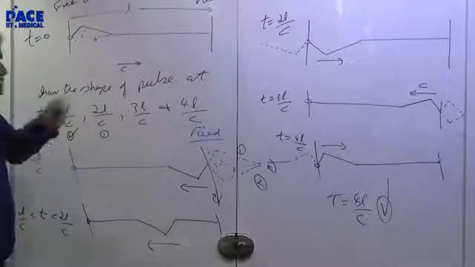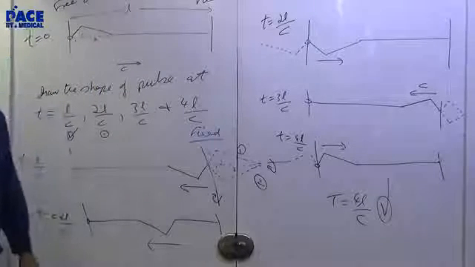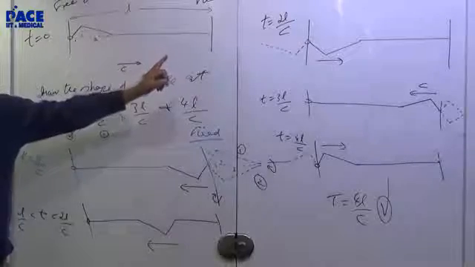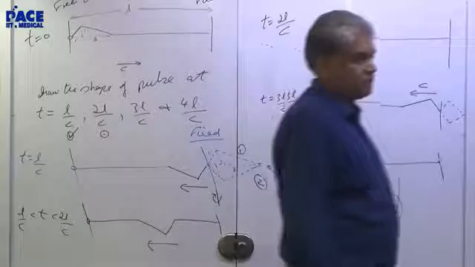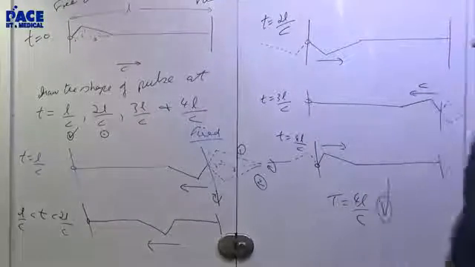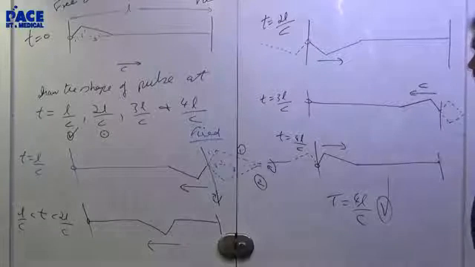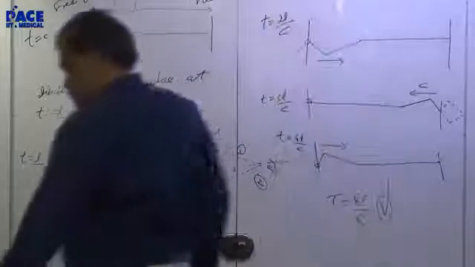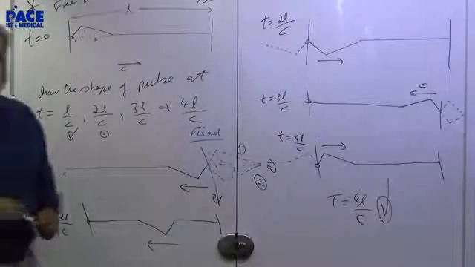The time period is not 2L by C because there is a flipping there. Had both sides been free ends, then the time period would have been 2L by C. So with that flipping business, are you okay with this?